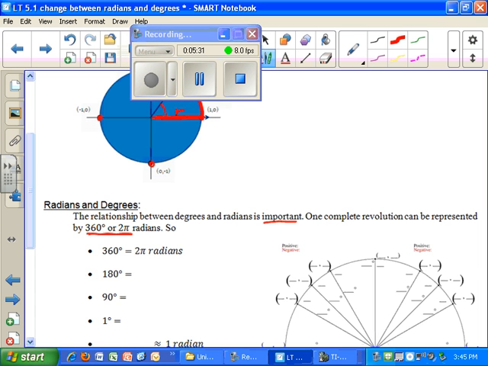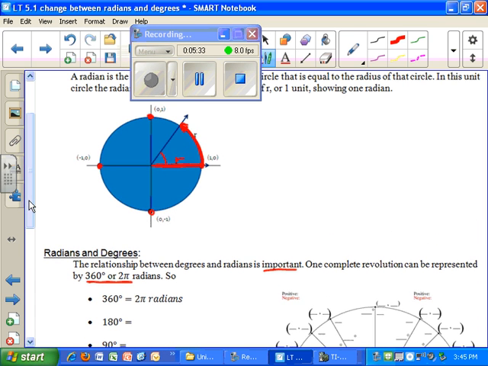Now where is 2 pi coming from? It's coming from the fact that this full circle is 360 degrees. Well, if we want to talk about the length of that arc and how many radians that is, that's 1 radian. It looks like we've got a couple more radians going all the way around the circle. We can figure out what is the circumference of that circle.